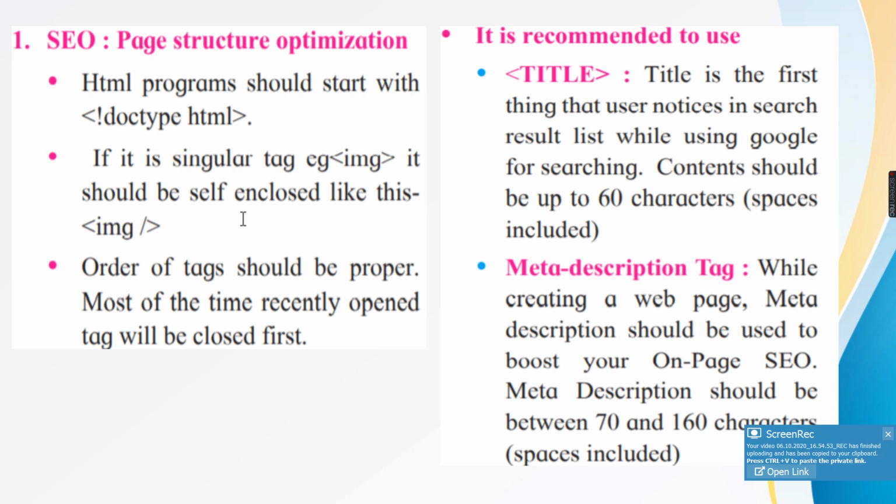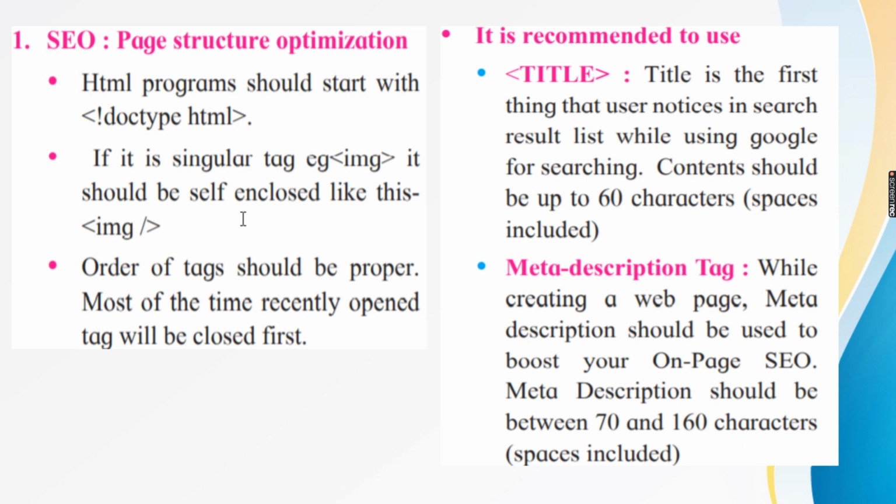So what does it say? Title is the first thing that a user notices in the search result while using Google for searching. That's why the title, and the text that you use in the title with the inclusion of appropriate keywords, is very important.